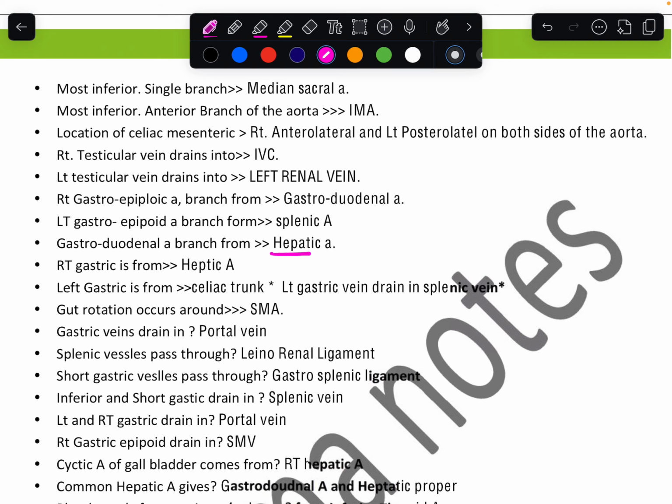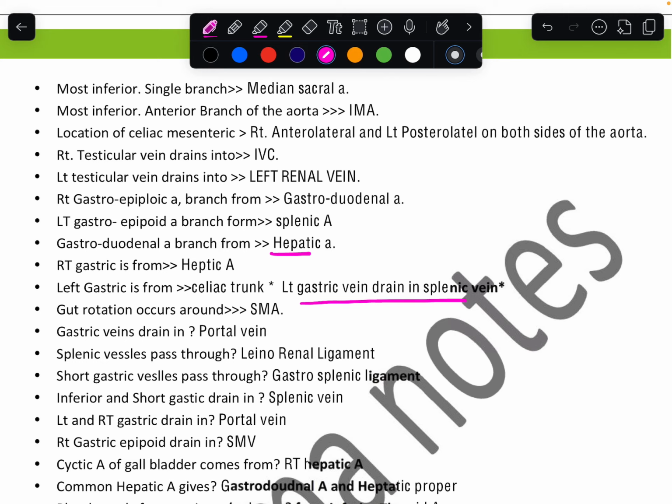Left gastric vein drains in splenic vein. So actually left gastric vein, superior mesenteric vein and splenic vein.